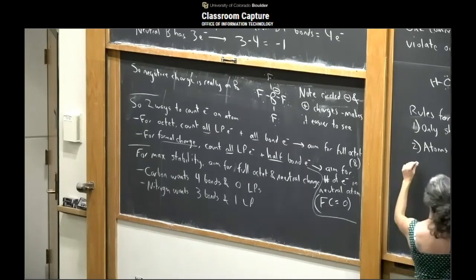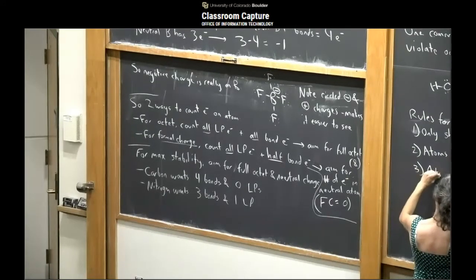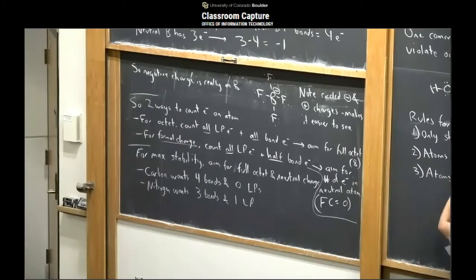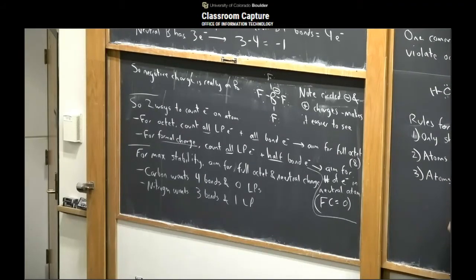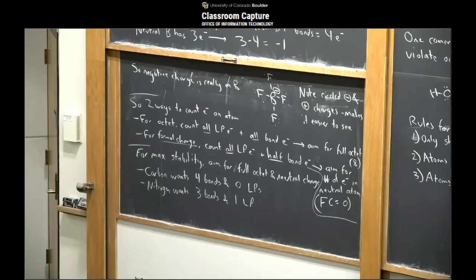Atoms in the second row have at most 8 in their octet. And again, they're most stable at 8.